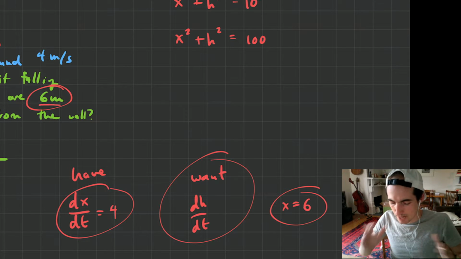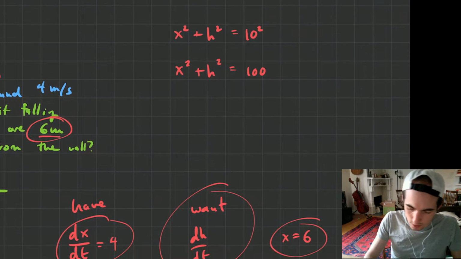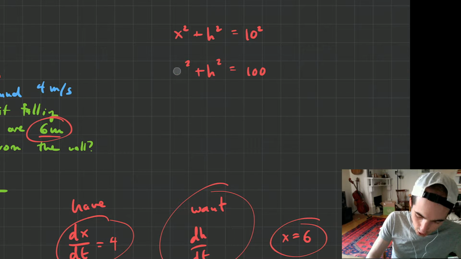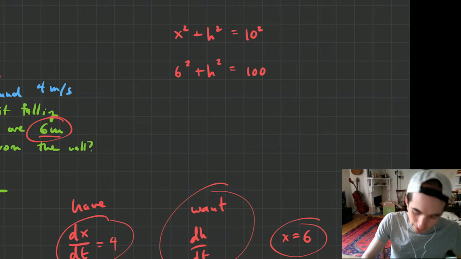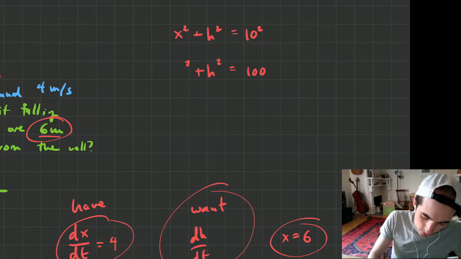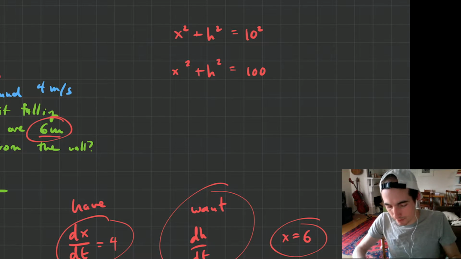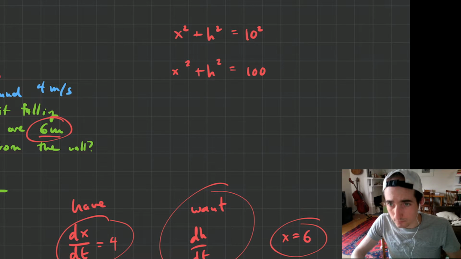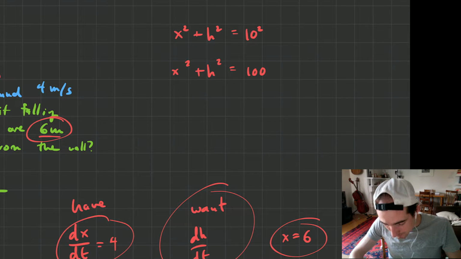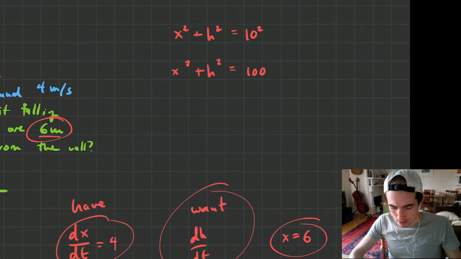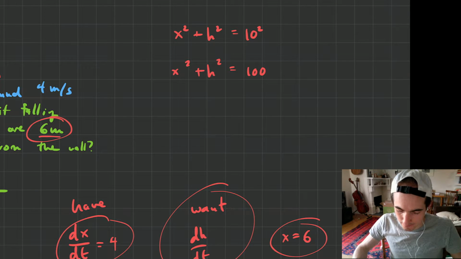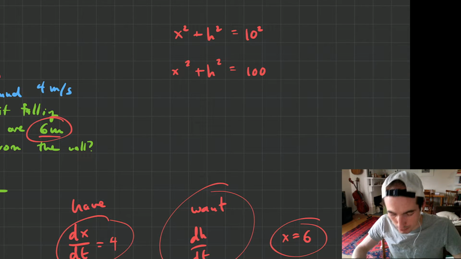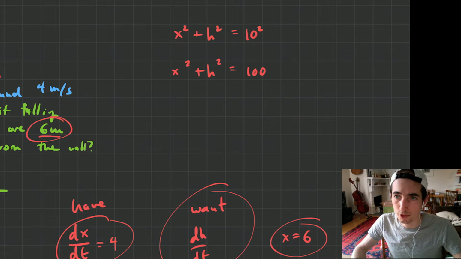Now we have to be a little bit careful. We can't just all of a sudden turn this into a constant. x is still a variable, but we're going to take the derivative with respect to time, and we'll get a new function that has x and h in it, and we're just going to plug in whatever x is equal to at the end.